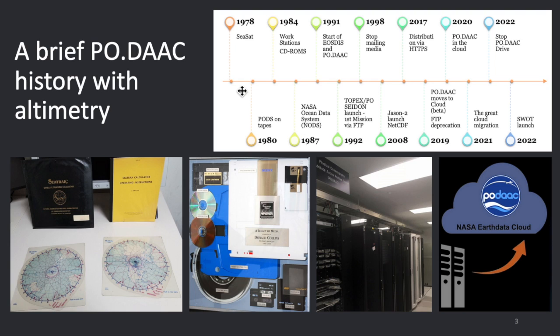PODAAC is historically traced back to short-lived operation of the NASA SEASAT mission launched in 1978. The SEASAT altimeter, one of the several instruments on the SEASAT platform, was among the first space-based remote sensing instruments dedicated to large-scale oceanography, but only survived for a few months.